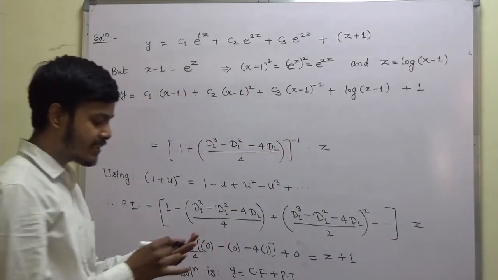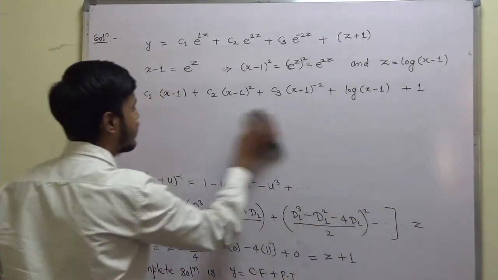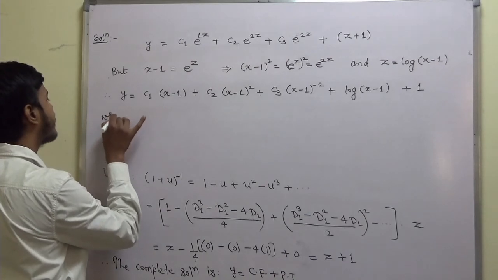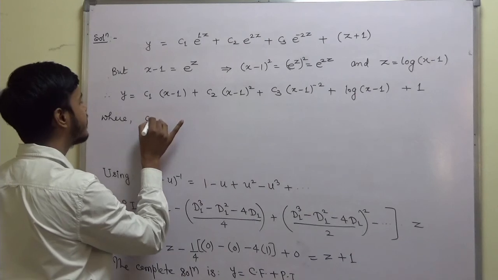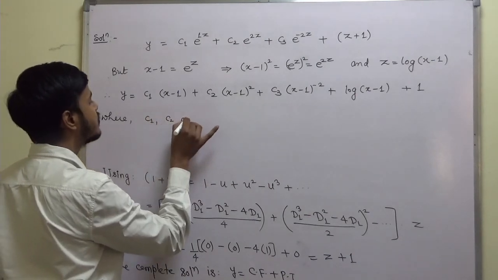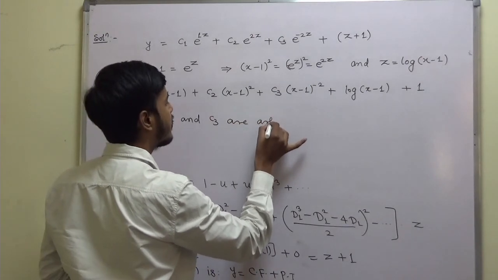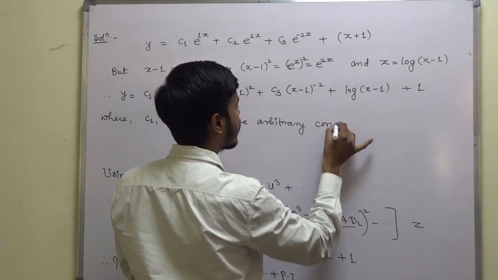So this is nothing but my required general solution for the given problem, and don't forget to write where. Being a good mathematics student, you should write where c1, c2 and c3 are arbitrary constants.